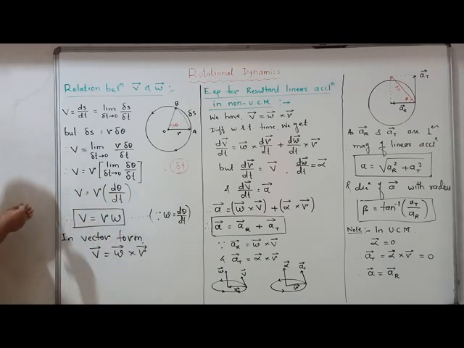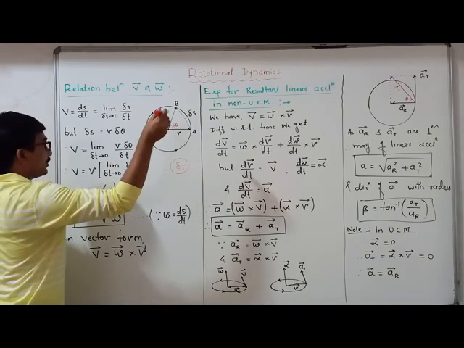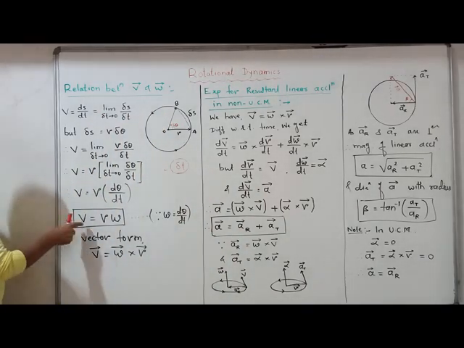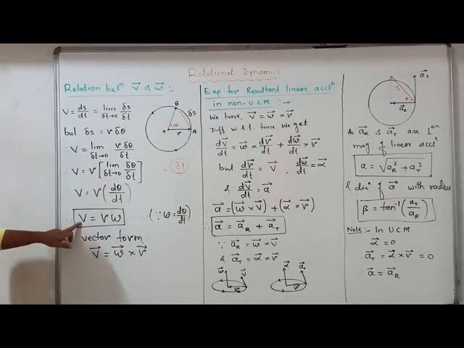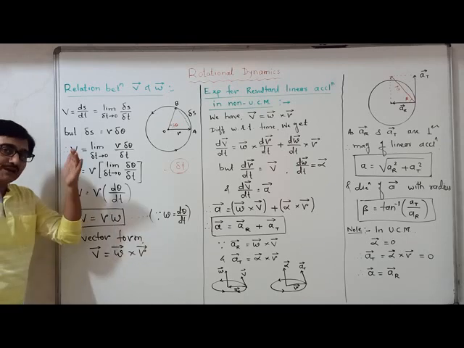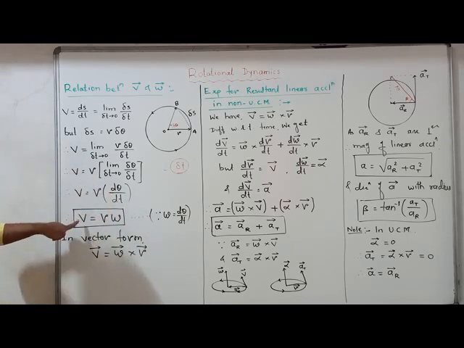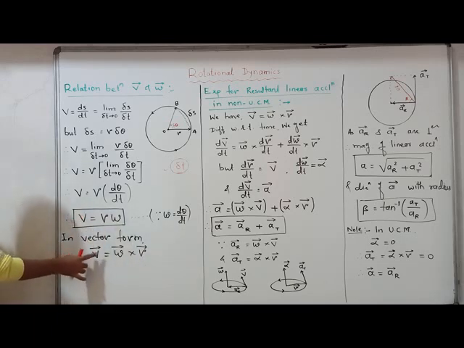Now we know that the direction of angular velocity is along the axis of rotation and the direction of linear velocity is along the tangent to the circular path. So this linear velocity is also called tangential velocity. This is the relation between tangential velocity and angular velocity. In vector form we can write vector v is equal to vector omega cross vector r, by using the right hand rule.